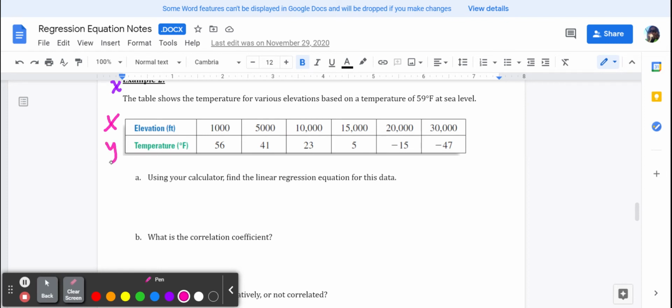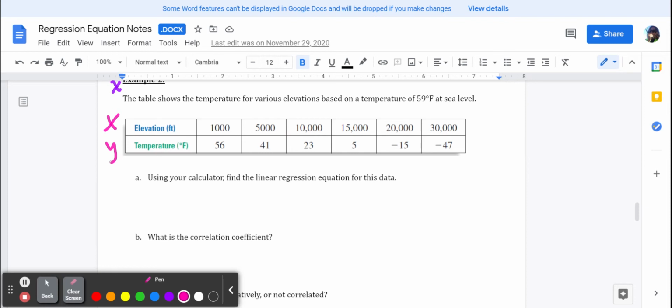Temperature will be my Y. So in L1, hit data. In L1, I'll need to put in 1,000, 5,000, 10,000, 15,000, 20,000, and 30,000. In L2, I will need to put in 56, 41, 23, 5, negative 15, and negative 47.